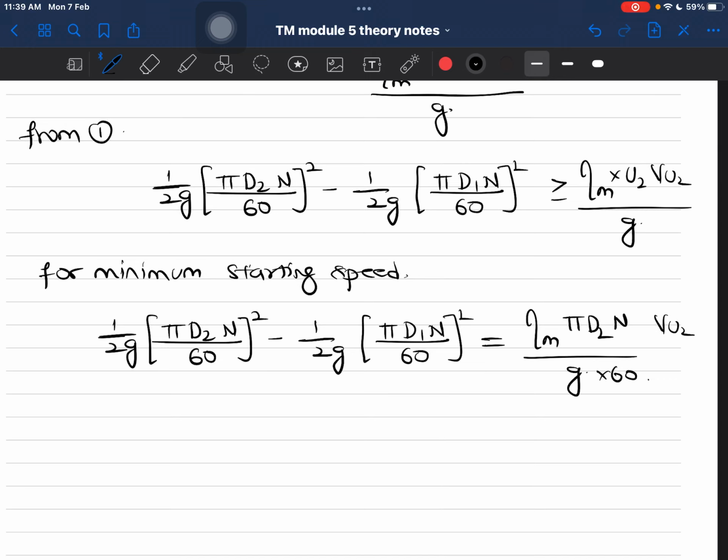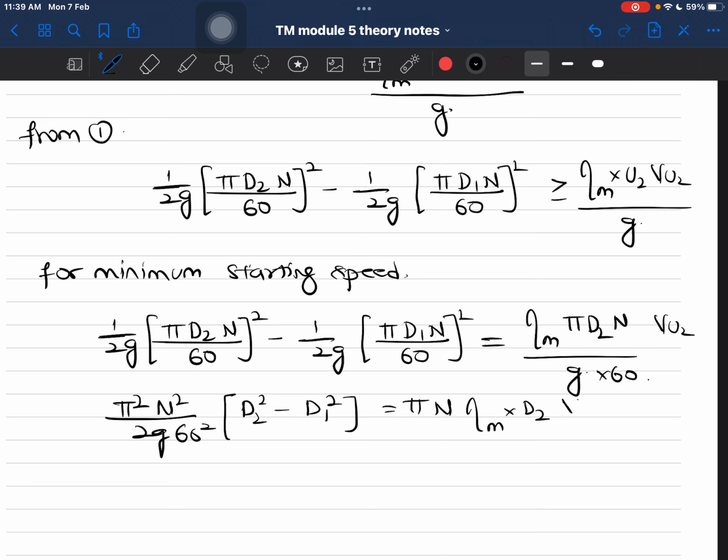So what are the common things in these two? I will take pi square and N square as common, divided by 2g into 60 square. Whatever is left, d2 square minus d1 square, is equal to pi N eta manometric efficiency into d2 into VU2, this whole divided by g into 60.